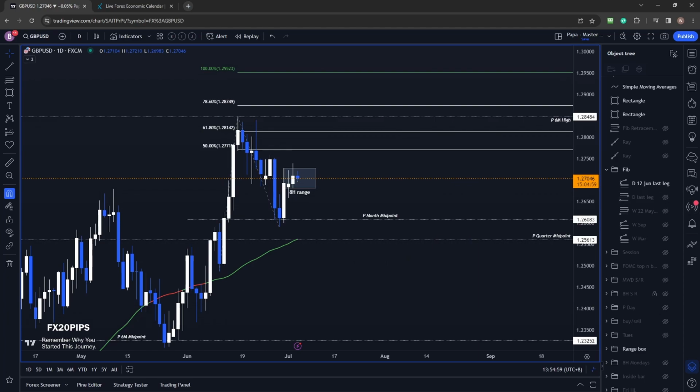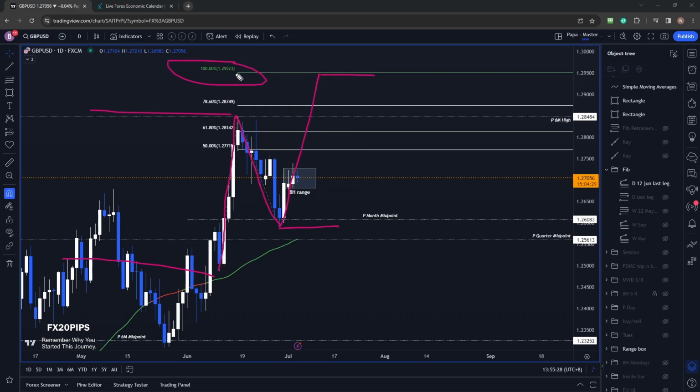All right, so the idea was this is point A, point B, point C. All right, so I'm just drawing in advance that price retraces here, and if you were to continue to go up, the 100% of this leg and here would be 1.29. So this is just an idea.